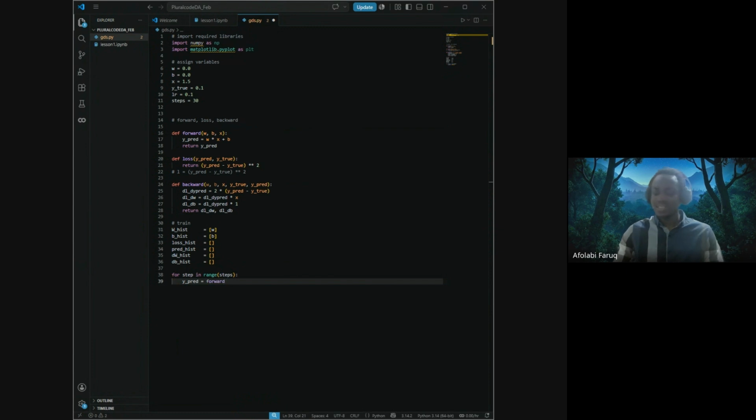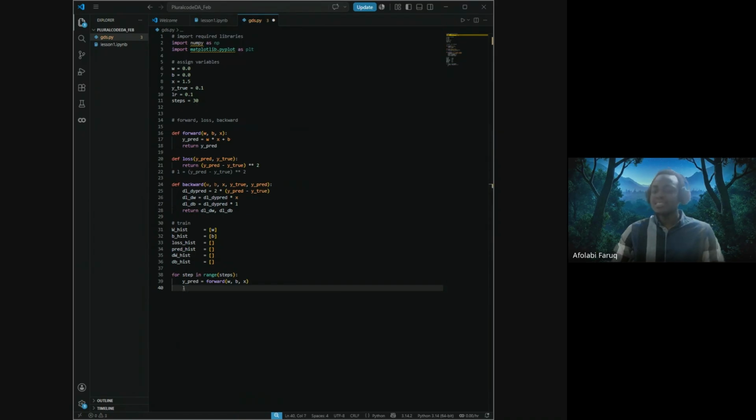You can see how interesting this is. And don't forget in the forward, we have W, which is our weight, B, which is our bias, and then we have X, which is the feature itself. So here we get the output prediction.